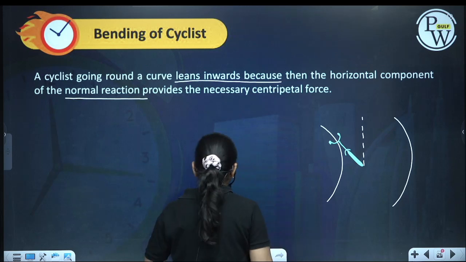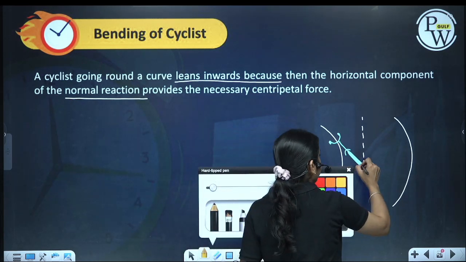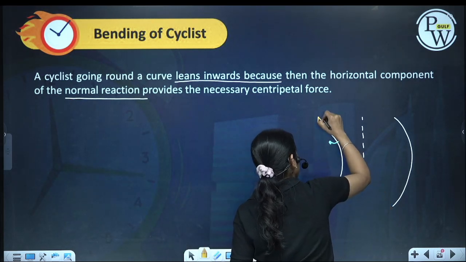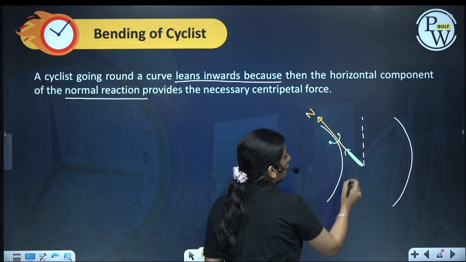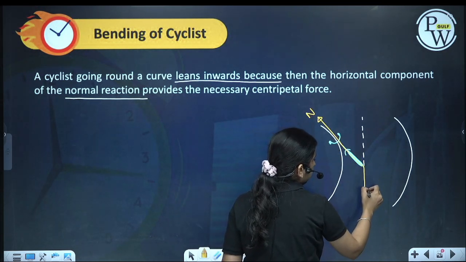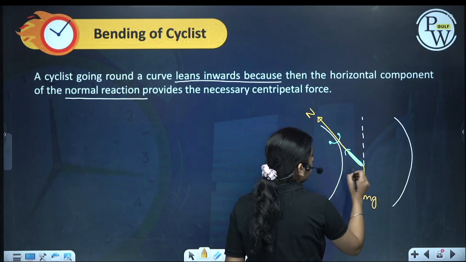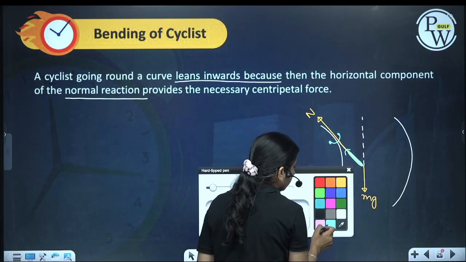This is the normal reaction, and mg will be acting vertically downwards.